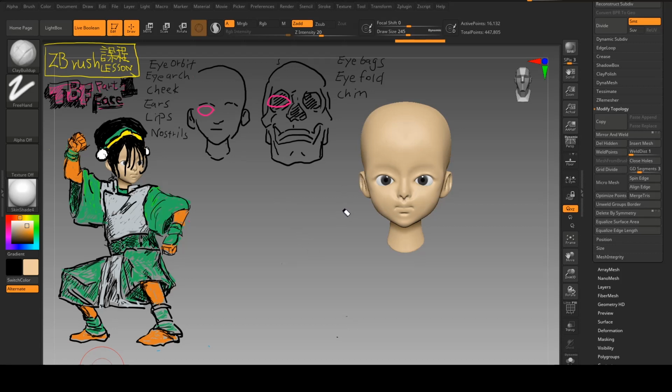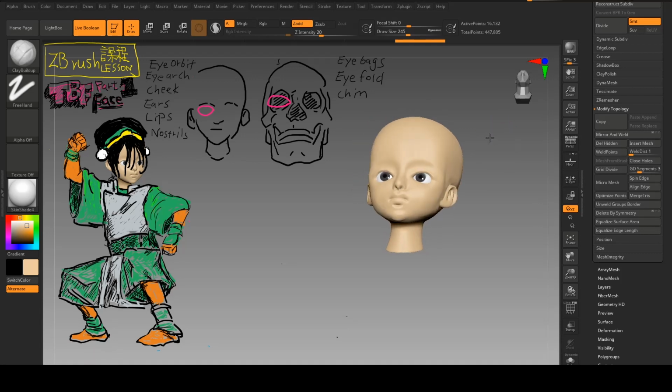There are some animation characters, maybe so-called avatars, and one of the characters has an animation head, and how to make it. Today part 1 is face modeling. See, like this.